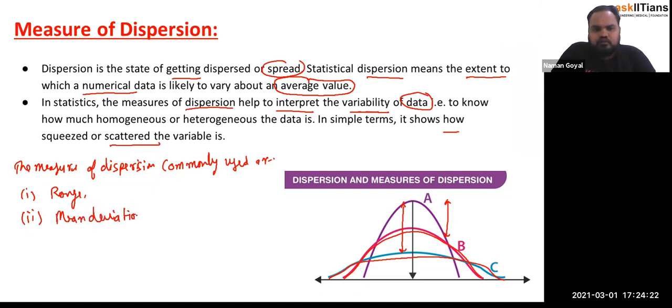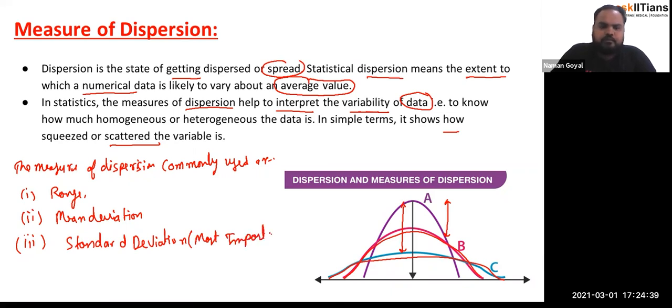Third is standard deviation, which is very important, the most important method to do this. Are you getting my point?